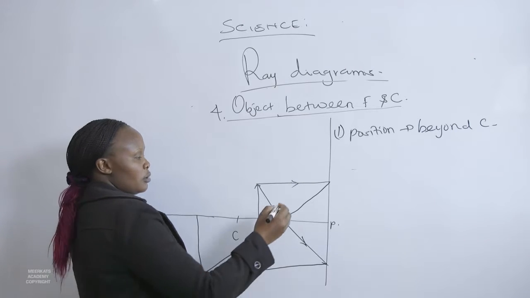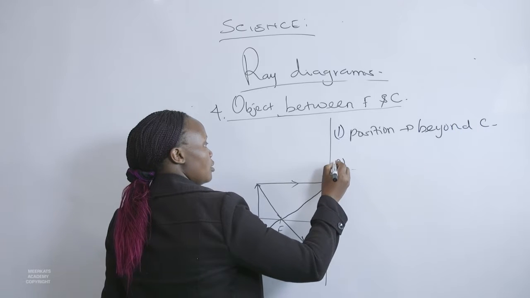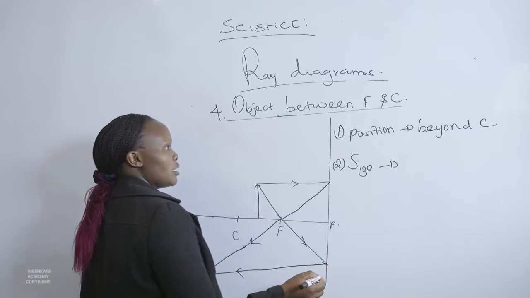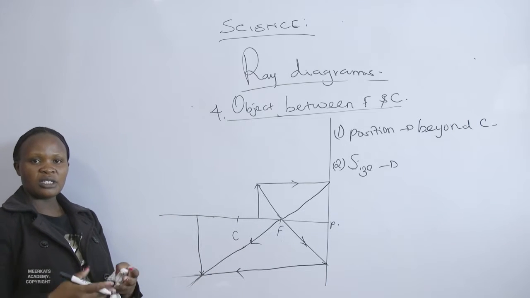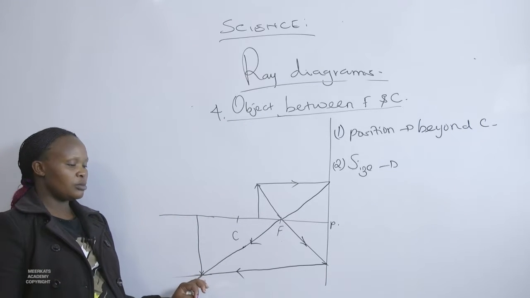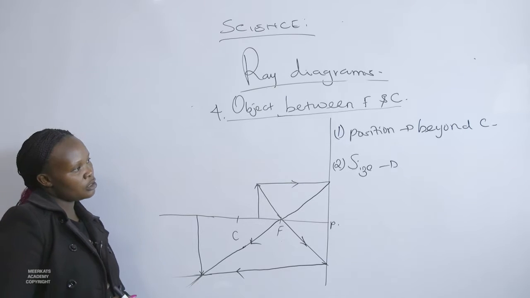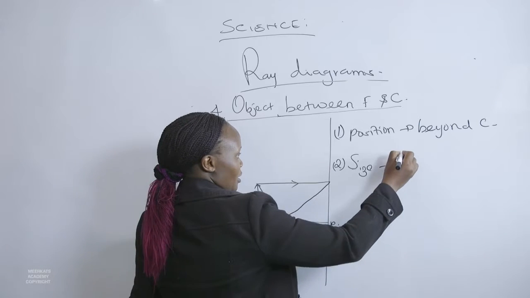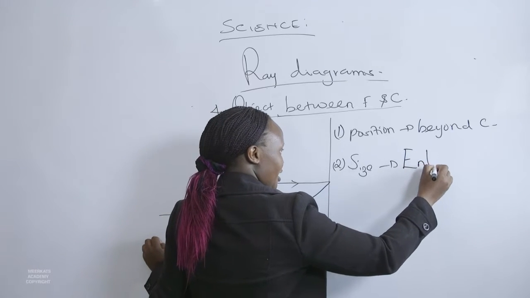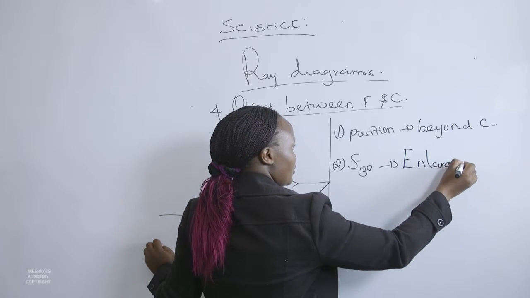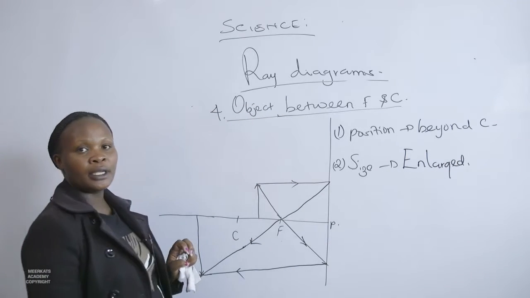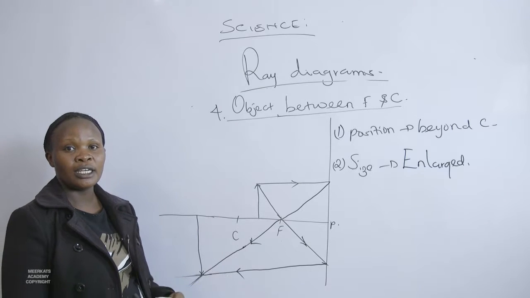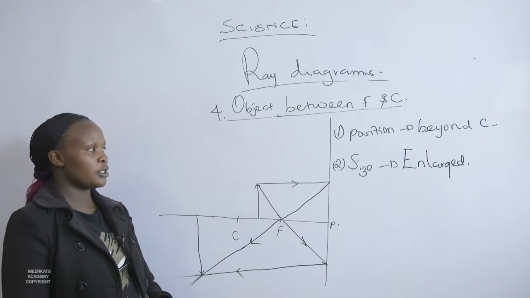Number two, let us talk about the size of the same. And what is the size of our object relative to the image? We can note that it is actually enlarged. It is enlarged. By enlarged, we mean that the image is actually greater than the object.